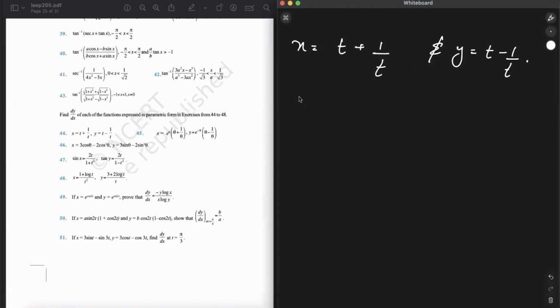First of all, we find dx upon dt. It will give me 1 plus t raised to the power of minus 1, so minus 1 upon t square, and dy by dt will be 1 plus 1 upon t square.